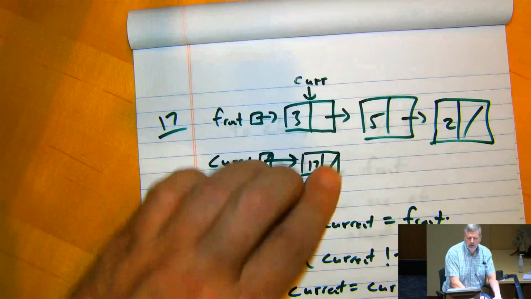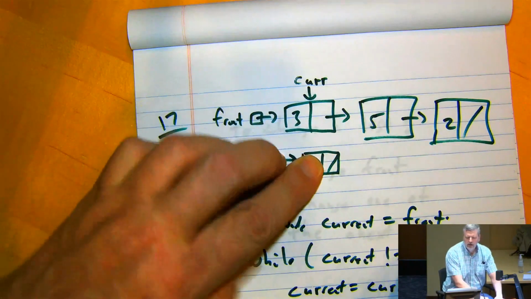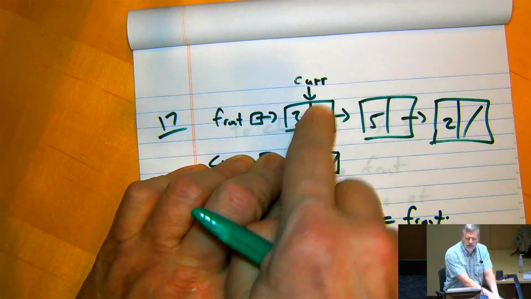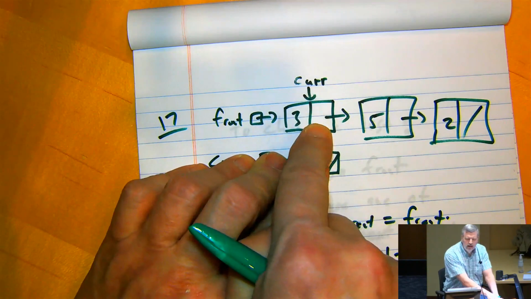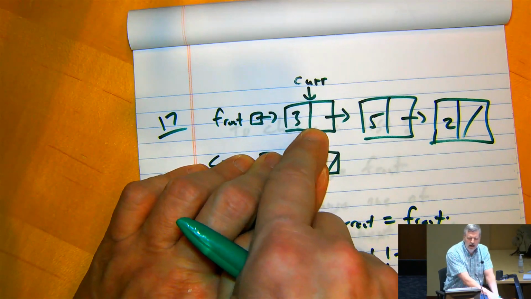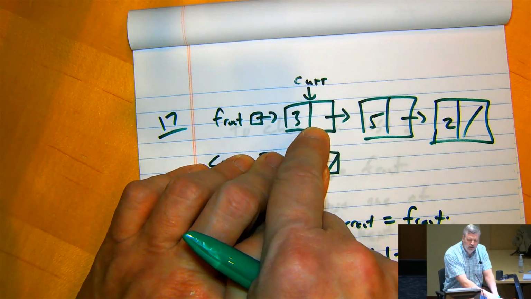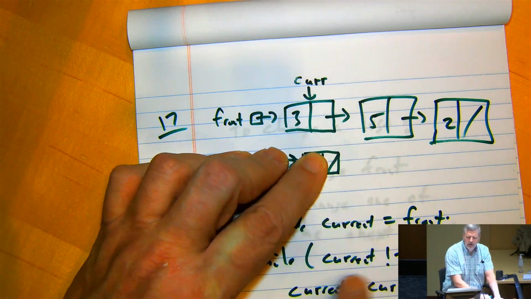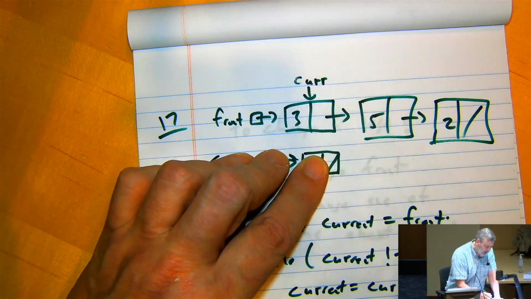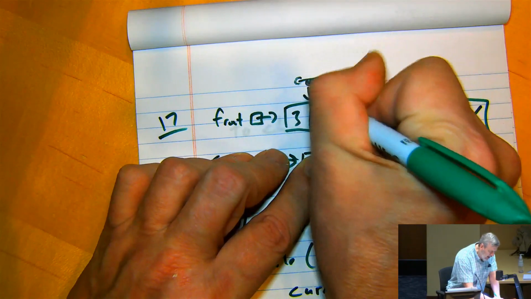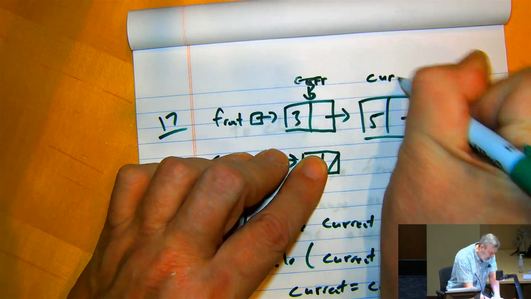So that when you say list node current is assigned to front, I think of it as current is positioned right here now. Current is sitting on top of that node with the 3 in it. And when you say current gets current.next, what ends up happening is current is hopping from one train car to another.